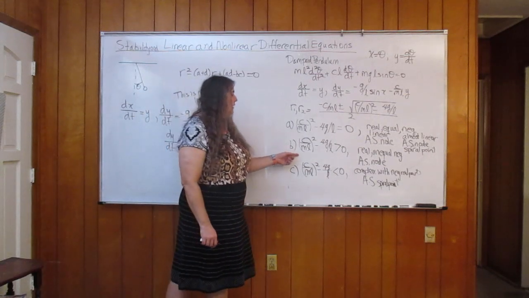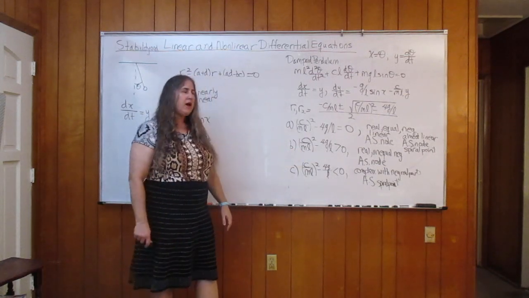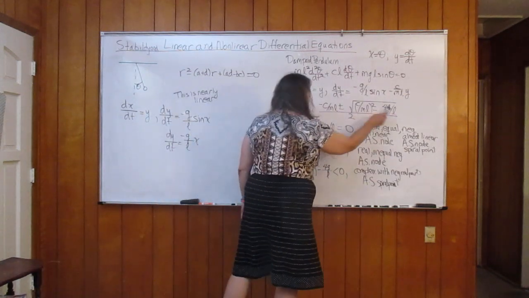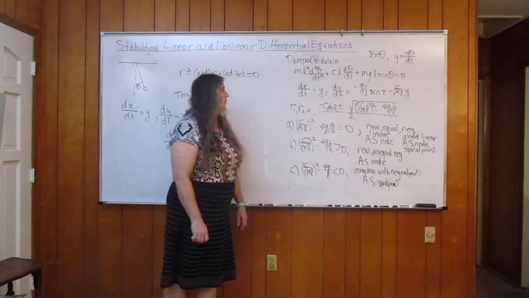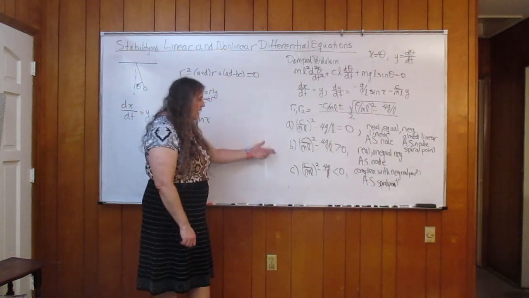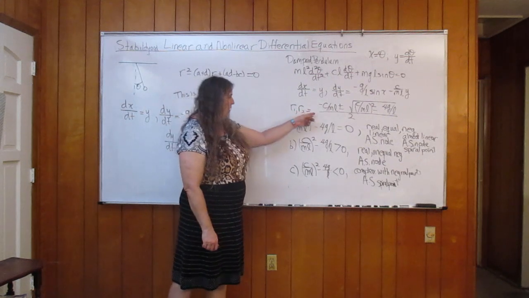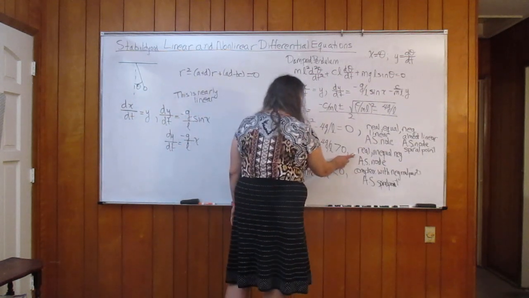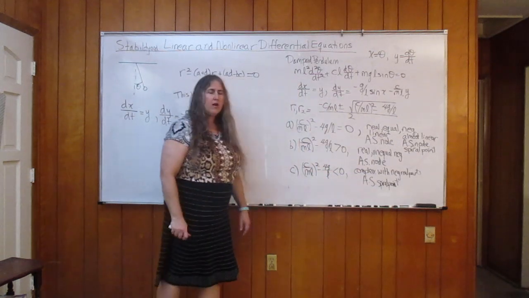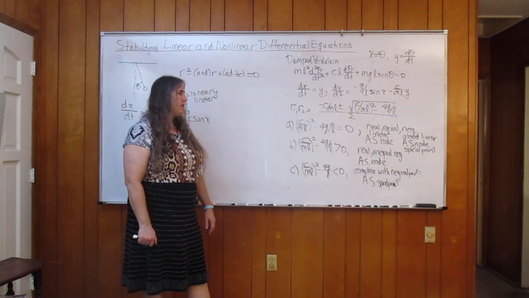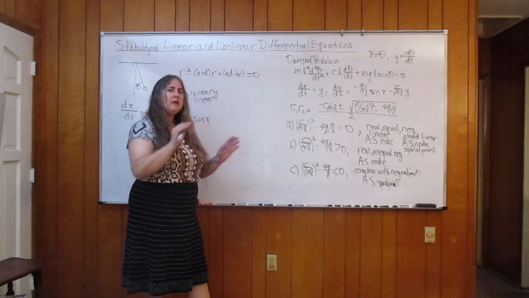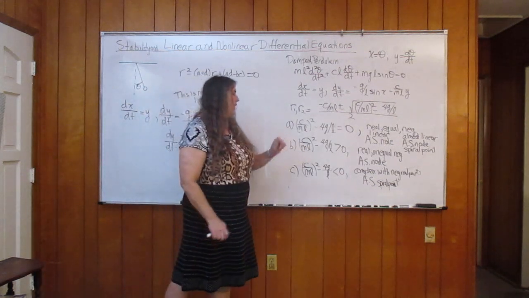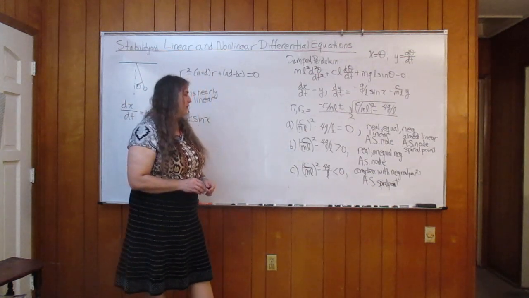Another possibility is what if this value is positive, and that means this second term will be a positive real number, in which case the roots, when you add that to minus c over ml, are going to be real, unequal this time, and they're both going to be negative. And for both the linear and nearly linear systems, that is going to be an asymptotically stable node.